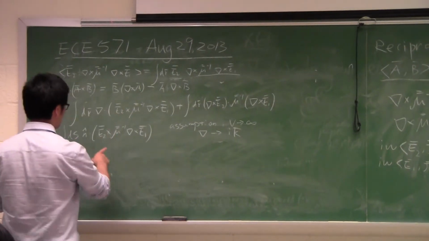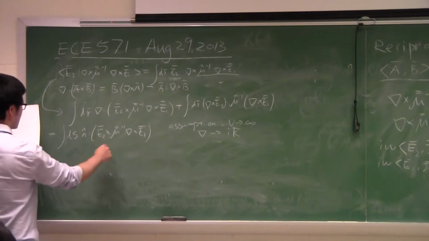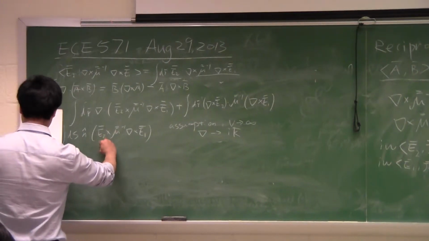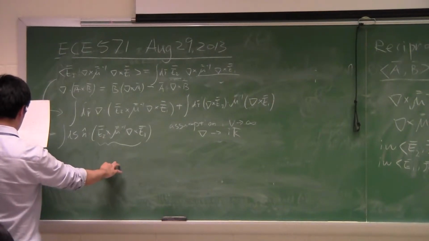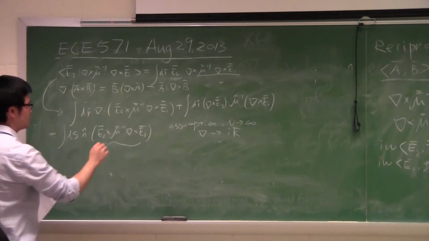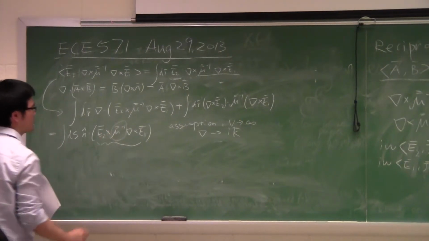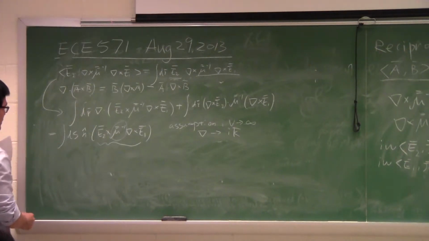So now this term, you can see that this is another. Also, another assumption is that we have to assume this to be homogeneous as V goes to infinity.